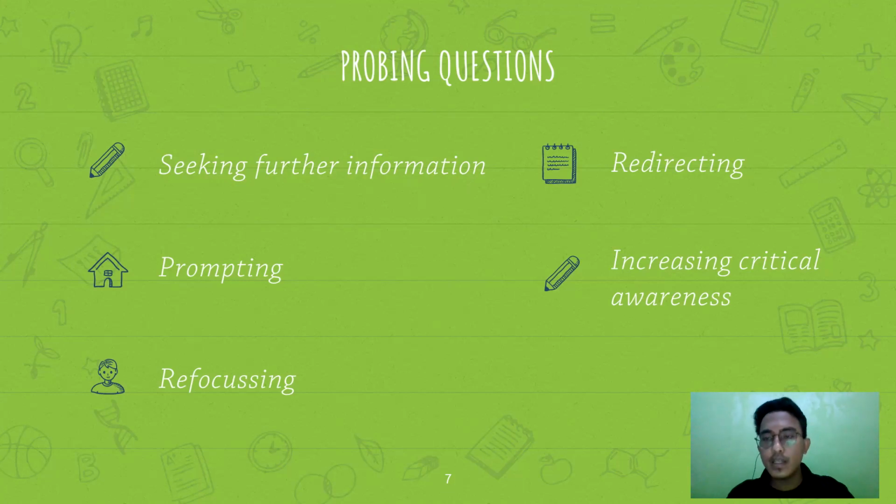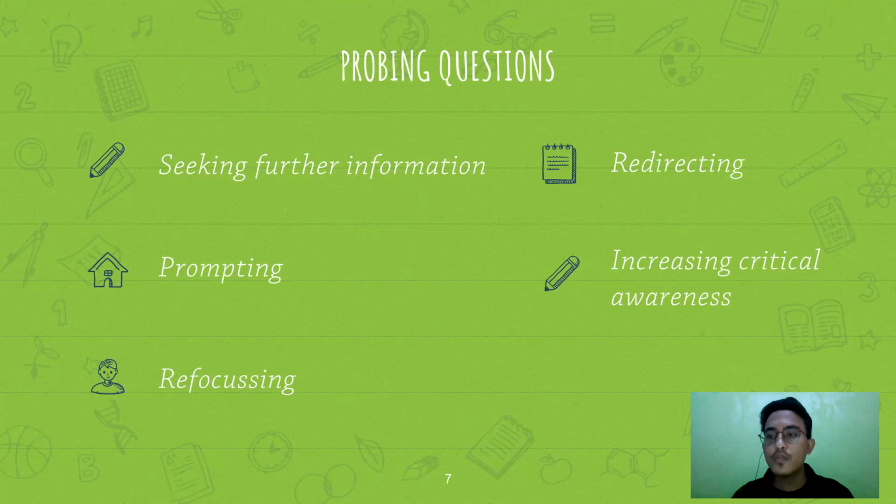The second is prompting. A teacher prompts when he gives clues or hints and helps his students by asking them leading questions. The objective of using this device is to help the student answer the question correctly and adequately by himself.